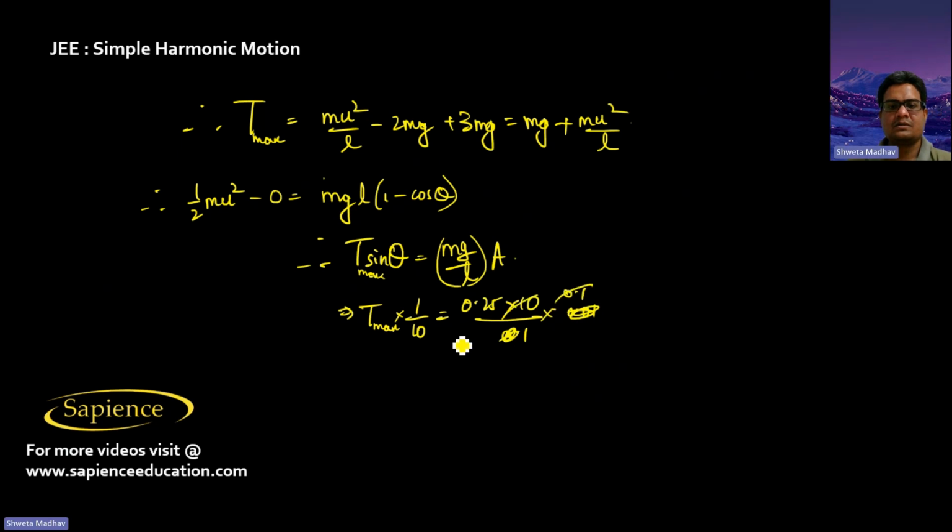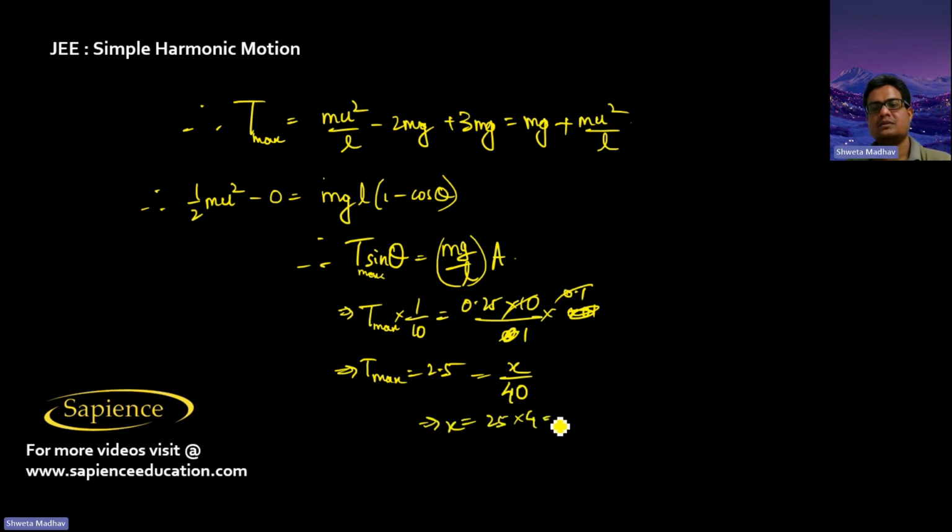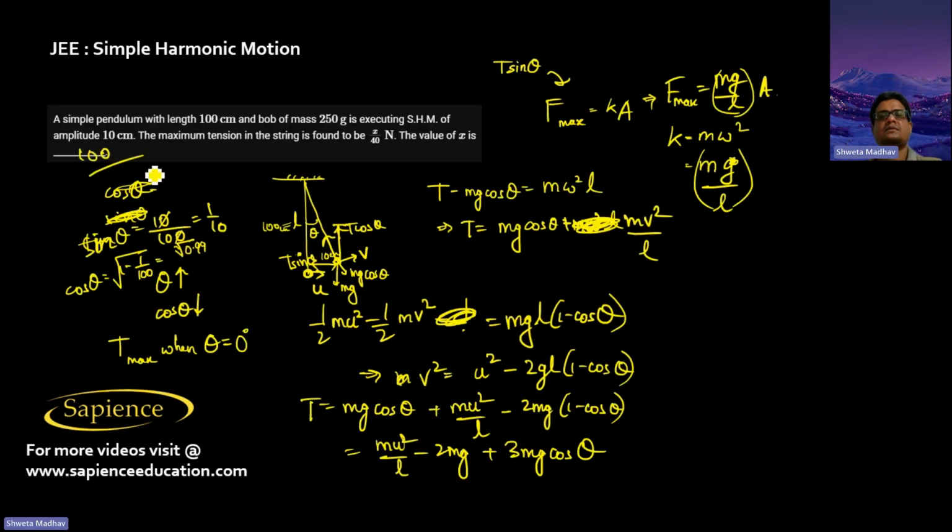So T max will be equal to 2.5. 2.5 is equal to x by 40. Therefore, x will be equal to 25 into 4, that is 100. So the value of x is 100.